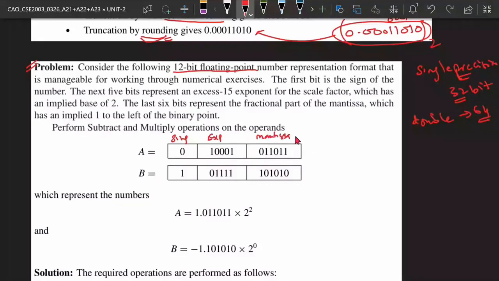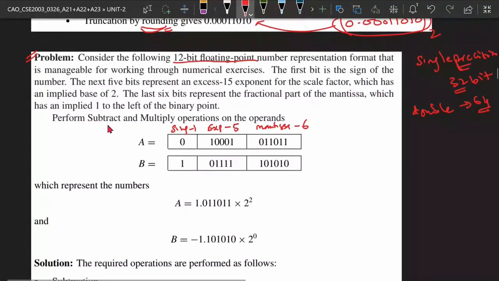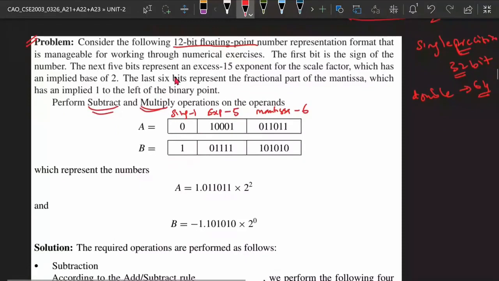Total 12 bits it is going to use. In this 12-bit floating point representation case, if two numbers are given, then you need to perform subtraction and multiplication. Also here it is given that the exponent is in 5 bits in excess 15 form.